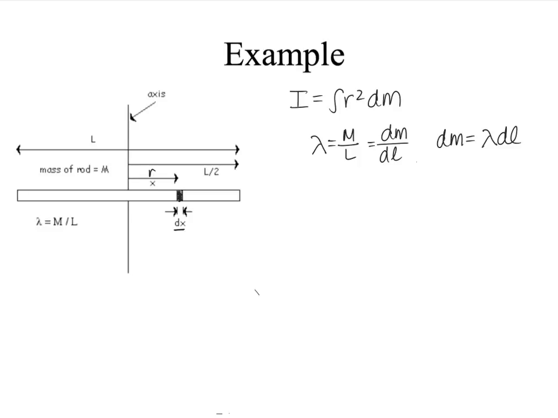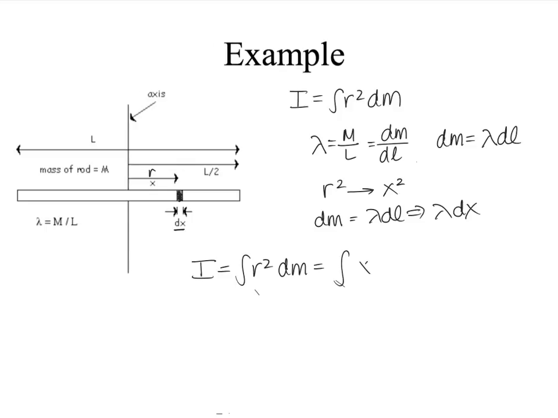The variable is x. So I see that in my expression, r squared actually can be expressed as x squared, and dm can be expressed as lambda dl, which goes to lambda dx. So this is what I'm talking about. When we substitute these values into our expression for moment of inertia, we get x squared lambda dx.